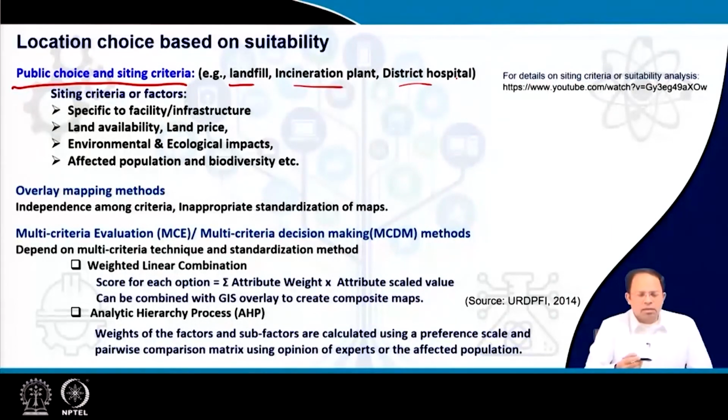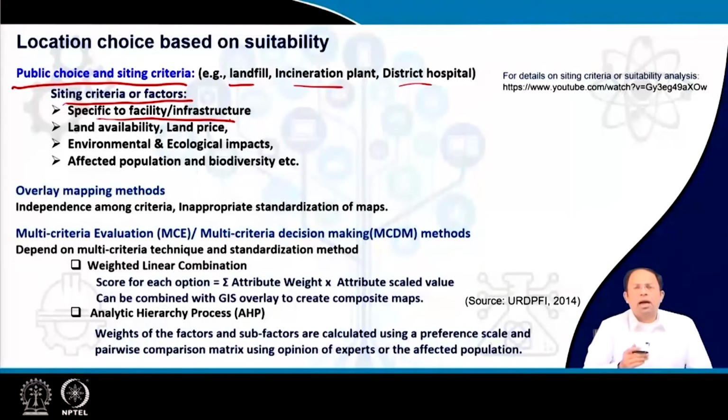So in that case, first of all, for making this kind of choice, this group of individuals or this particular body will have some siting criteria or factors. That means on what criteria we should determine the location of that particular facility. So first of all, every facility or infrastructure has certain specific criteria which it requires.